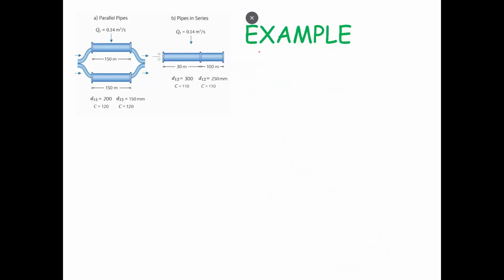So part B, which is series pipes. Again, RT is R1 plus R2. I'm not going to write it one more time.